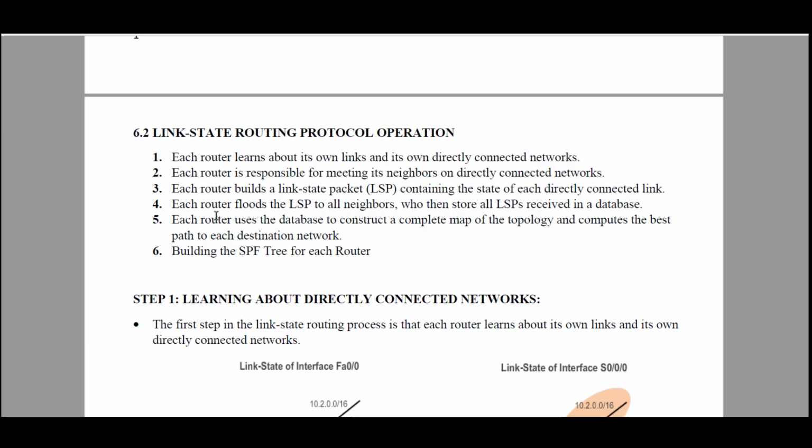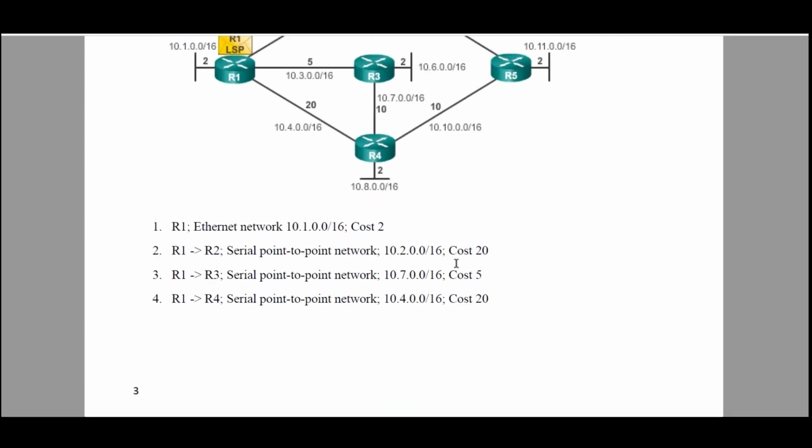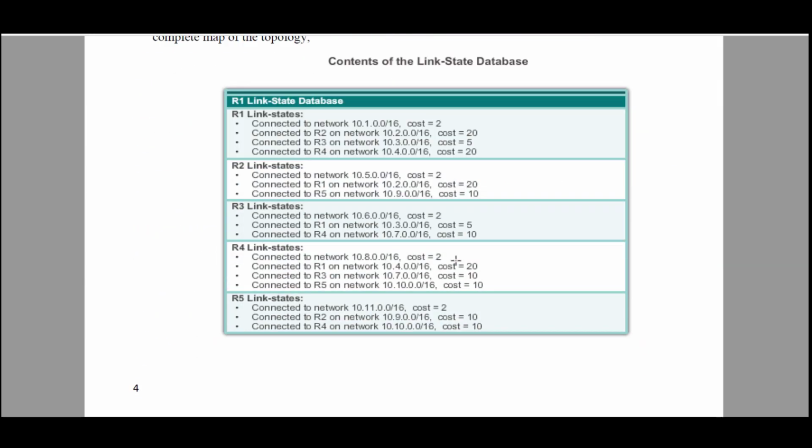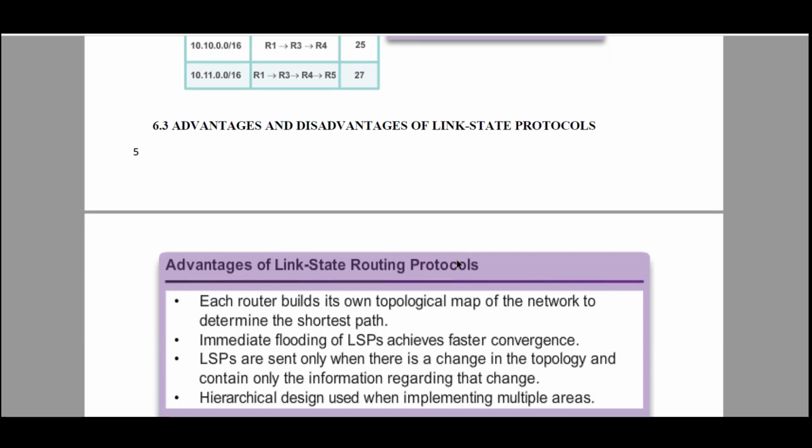If you want, I'll come from the beginning as a summary. We first discussed Dijkstra's algorithm, finding the shortest path by using the cost. Then we discussed the steps in the link state routing protocol. This is a very important question. We discussed 6 different steps. Then we discussed the advantages and disadvantages of link state routing protocol.